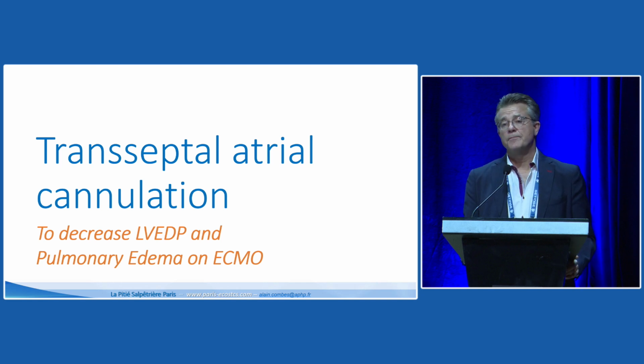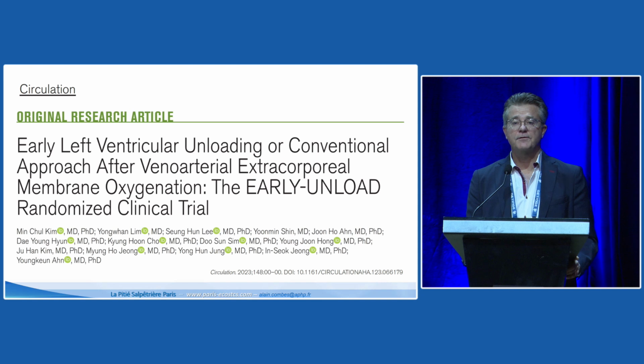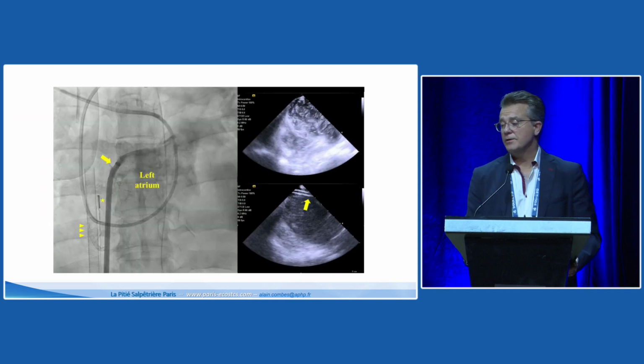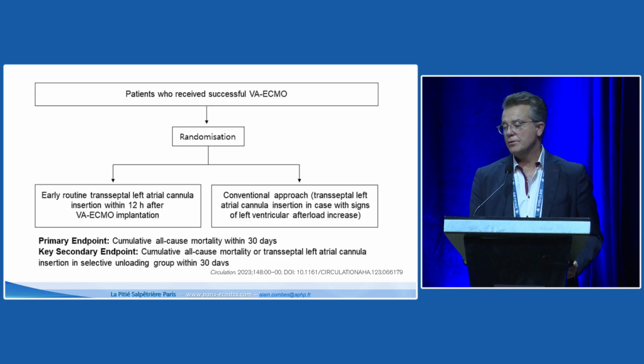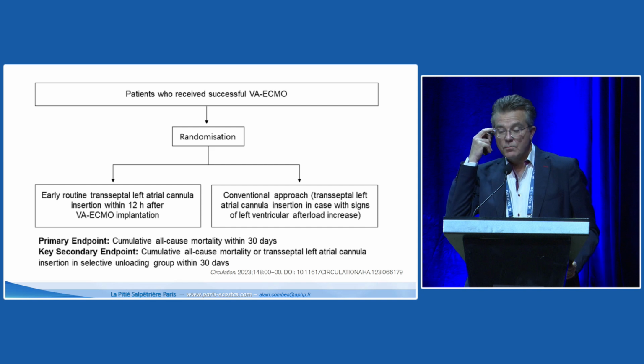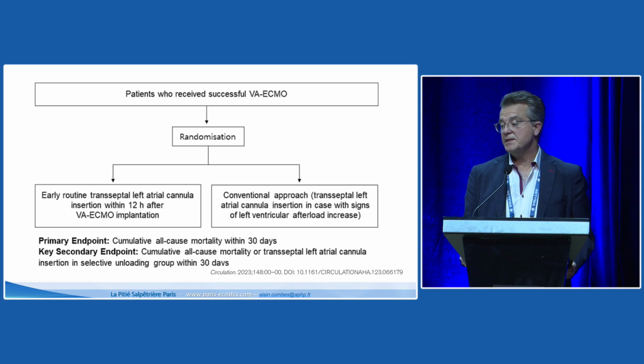Just to mention as an example, the very recent EARLY-UNLOAD trial of transseptal lateral cannulation to reduce left ventricular pressure, to unload the left ventricle. It's quite a complicated technique to position this cannula in the left atrium. There may be easier methods to unload the ventricle. But the trial was well conducted, with the primary endpoint of mortality at day 30.